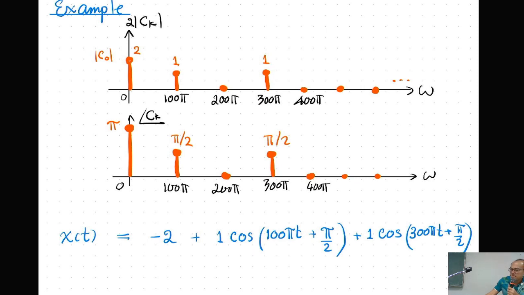So tell me, can you simplify this? What do you know about cosine of theta plus pi over 2? What is this value?